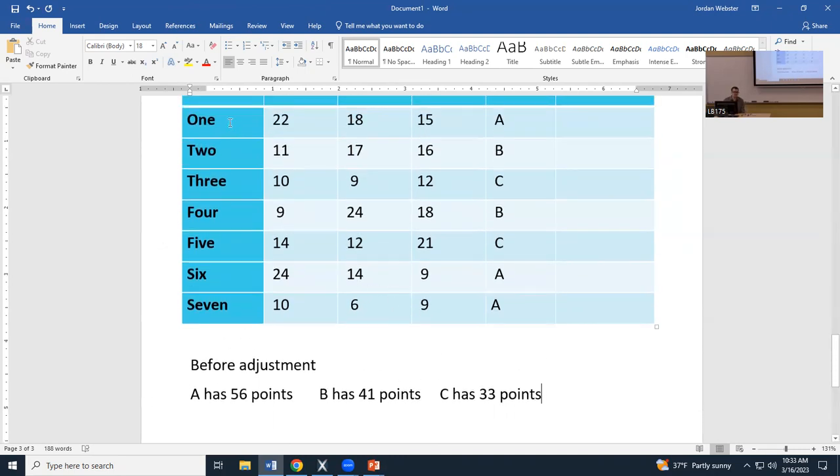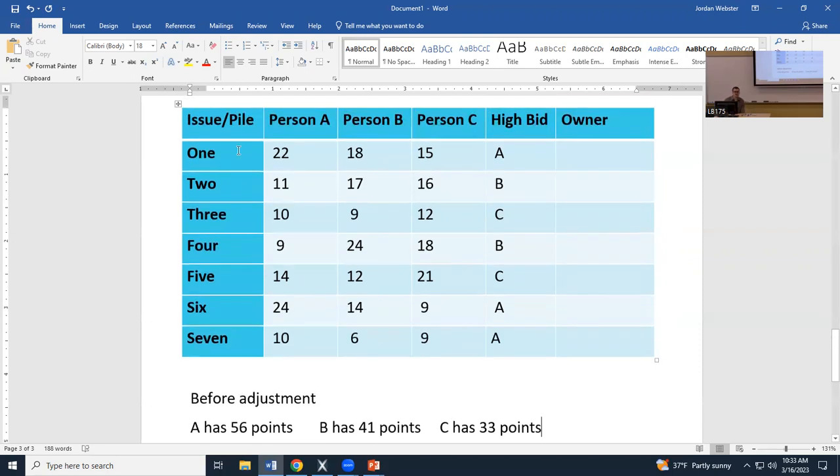Now, because there's only 7 items, it's probably going to be really hard to balance out perfectly. But we can get a lot closer than this. Does that make sense? Because there's only a few piles of goods, it's going to be hard to balance out perfectly.